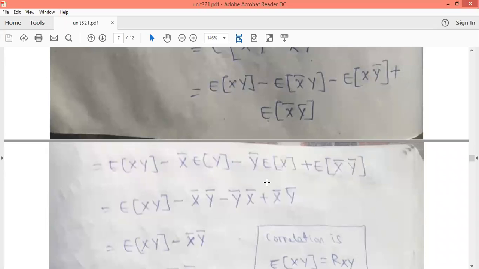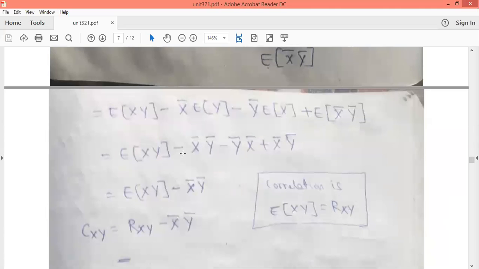And from this equation we know that the expected value of y is nothing but y bar, and the expected value of x is nothing but x bar. So this equation can be written as the expected value of xy minus x bar y bar minus y bar x bar plus x bar y bar.